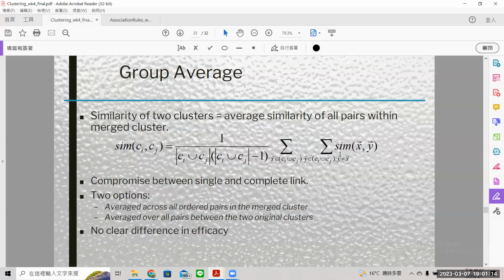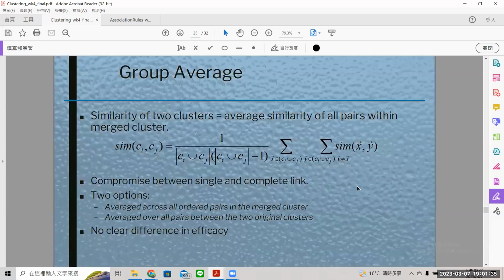And please find this: it has two sigmas. The first one computes the x and y similarity, where the y comes from CI and CJ, and these two elements cannot be identical.